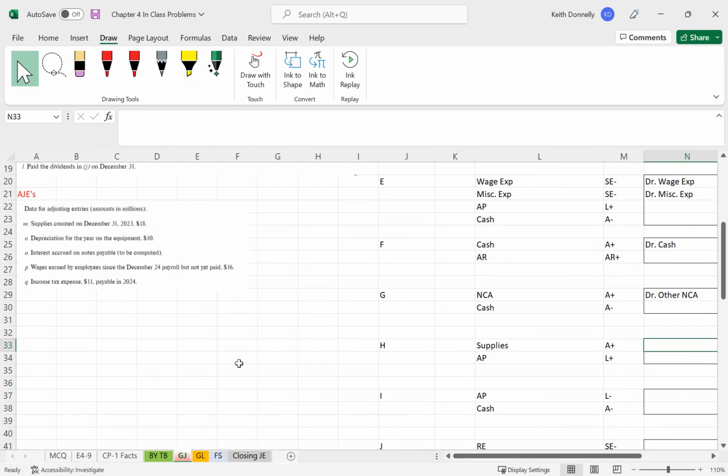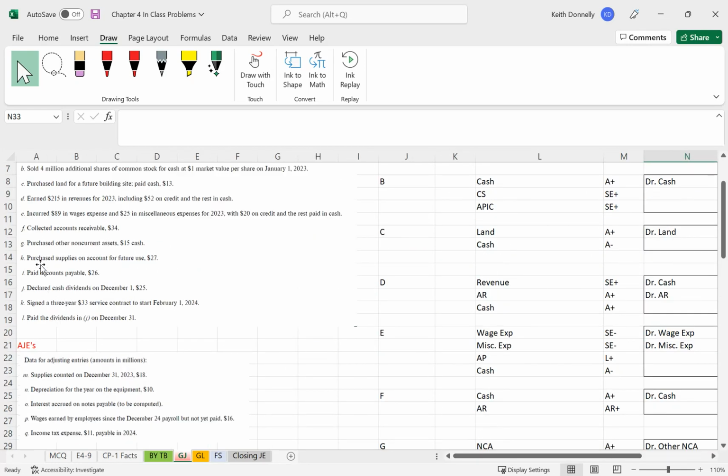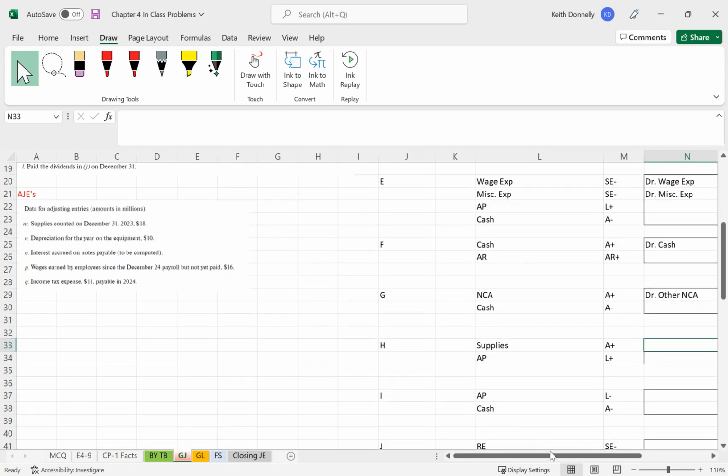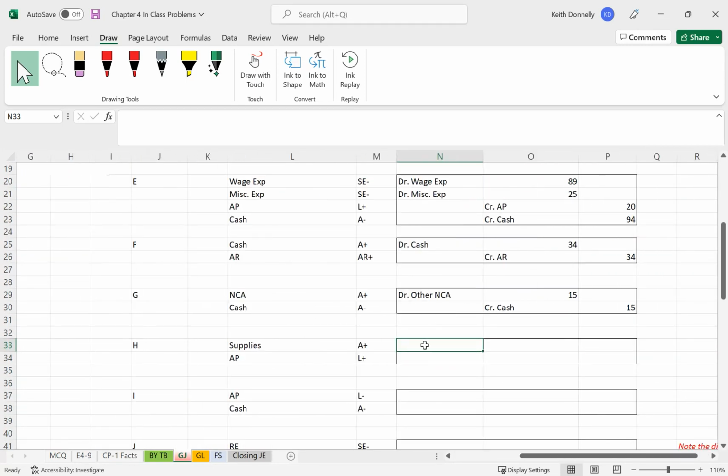Let's look at H. H says we bought supplies for $27. Okay? So in this case, we're going to have debit supplies, credit account payable. Looks like we bought it on account for 27. Okay?